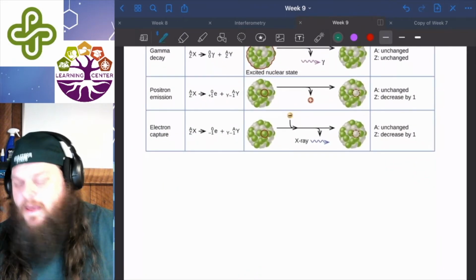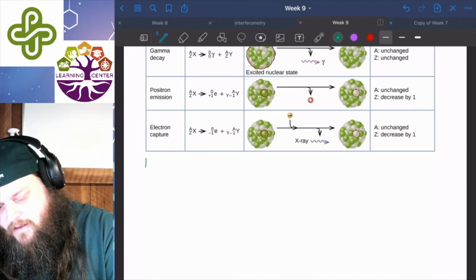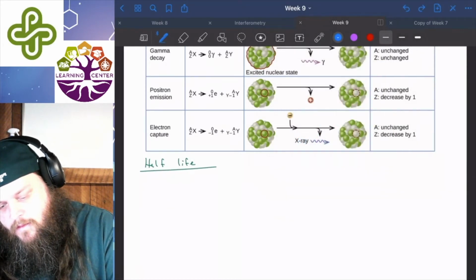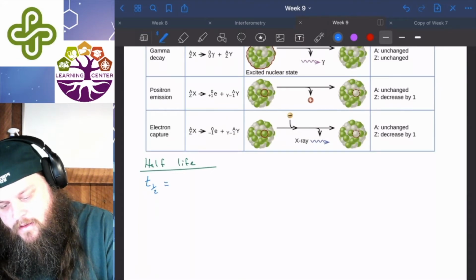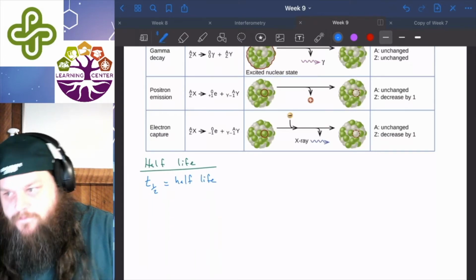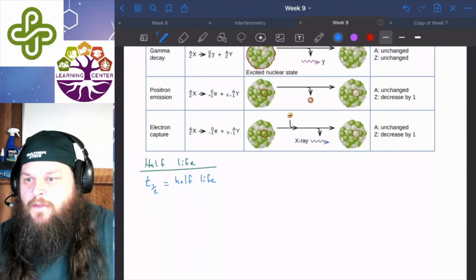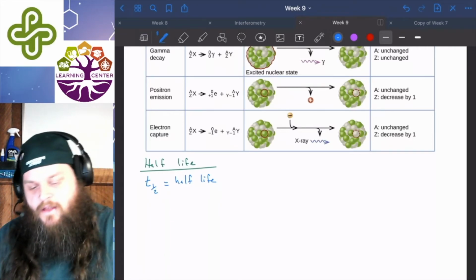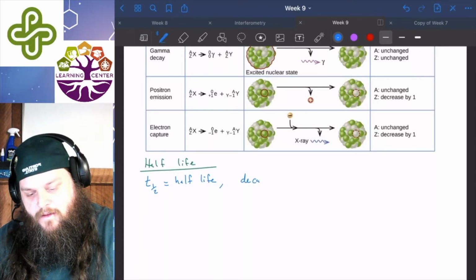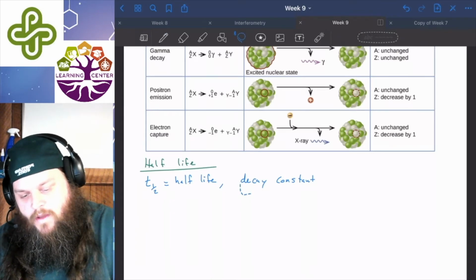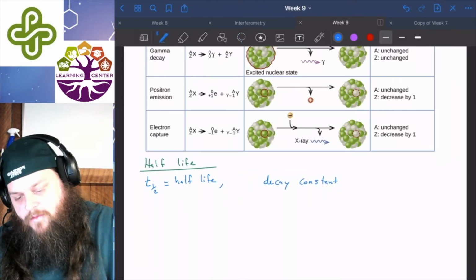And we define that. Let me just write half-life. T at 1/2 is equal to the half-life. And the other constant or variable that we look at is called the decay constant, which we usually use the character lambda for.